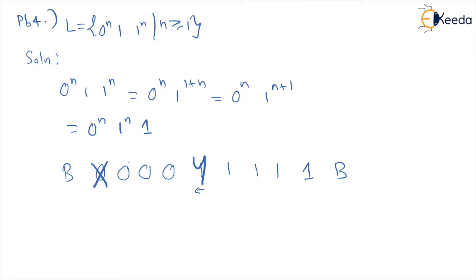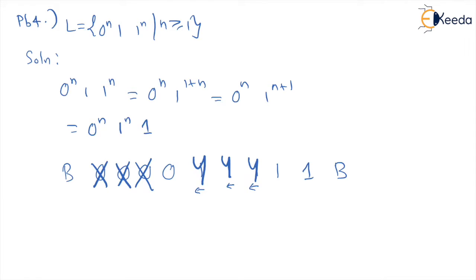For the first 0, make it as x, bypass every 0, bypass y till you get the first 1, make it as y and move to the left. Bypass y, bypass all zeros till you get the first x, keep the x as it is and move to the right. Make the first 0 as x, bypass everything, make the first 1 as y, move to the left.